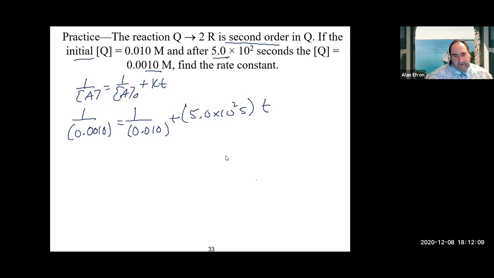Same sort of move here, probably. Take 1 divided by 0.001 and then subtract this to the other side and then divide it. So if we do 1 divided by 0.001 minus 1 divided by 0.01, that's going to give us 900, which is equal to 5.0 times 10 to the 2 seconds.